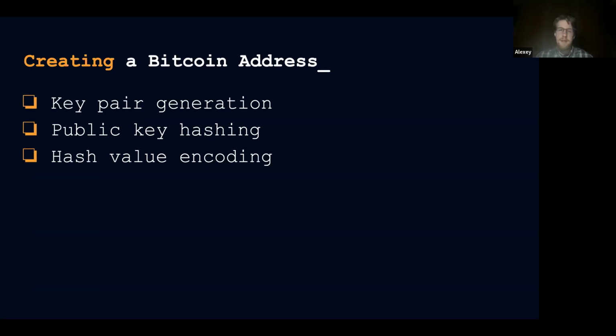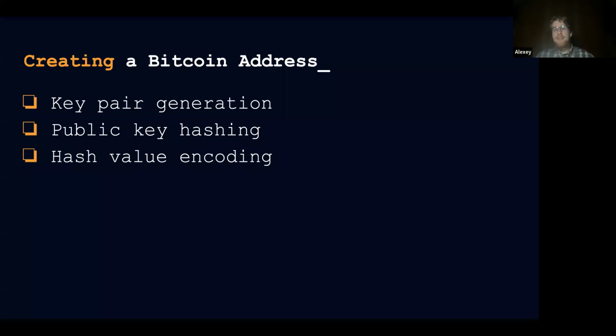Once we have the key pair, we can hash it, and we have to hash it. The public key is hashed using the algorithms specified in the protocol, and we will talk about that later. Once the key is hashed, we add the version byte and the cryptographic checksum, and encode the resulting byte string to receive an address that can be passed around and used as the identifier of the recipient.